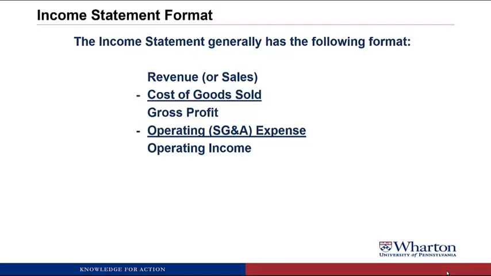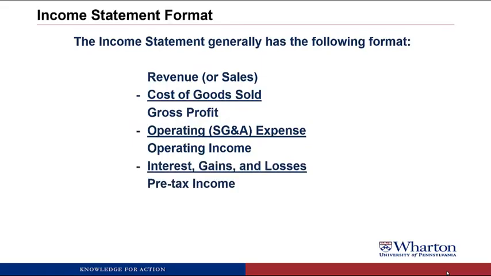Operating income would be a picture of the profitability of the core business. It helps answer the question of whether the company priced their product or services high enough to cover all the product and period cost of delivering those goods or services. After operating income, we subtract any interest expense or interest income, and then we adjust for gains or losses.